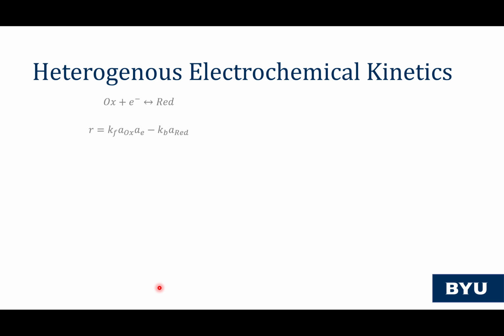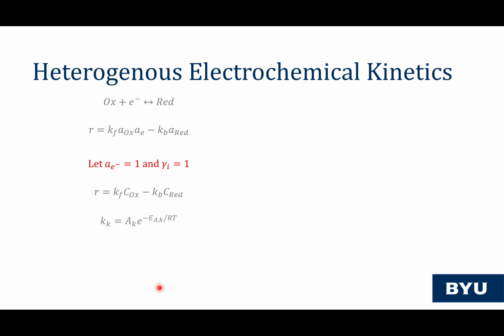Now you'll notice that this is for a single electron transfer. And we're going to make a few other assumptions. We're going to say that the activity of the electrons is equal to 1. And we're going to say that the activity coefficients of all species are equal to 1 as well. That way we can write concentrations instead of activities.